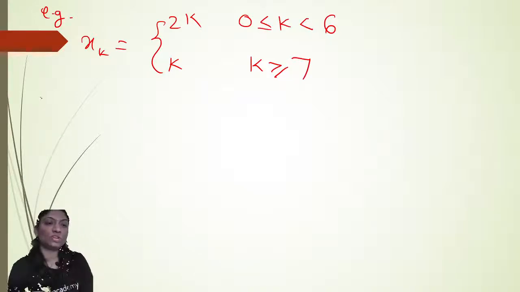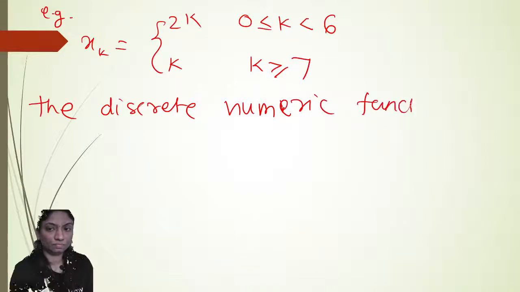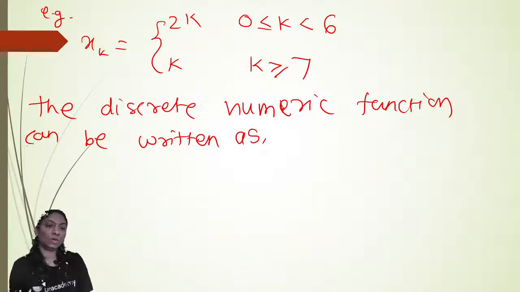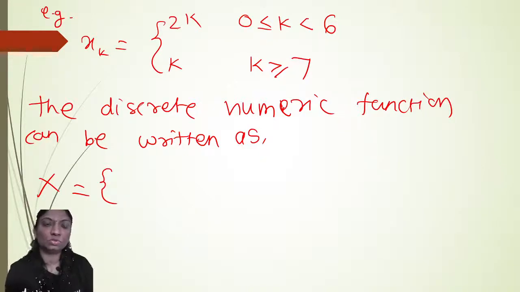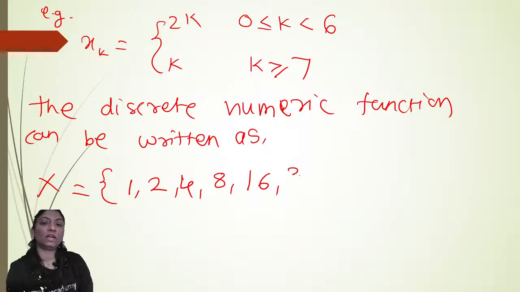So this discrete numeric function can be written as follows. For 0 to 6, k is equal to 0, so 2 raised to 0 is 1; k is equal to 1, 2; k is equal to 2, 4; k is equal to 3, 8; k is equal to 4, 16; k is equal to 5, 32.